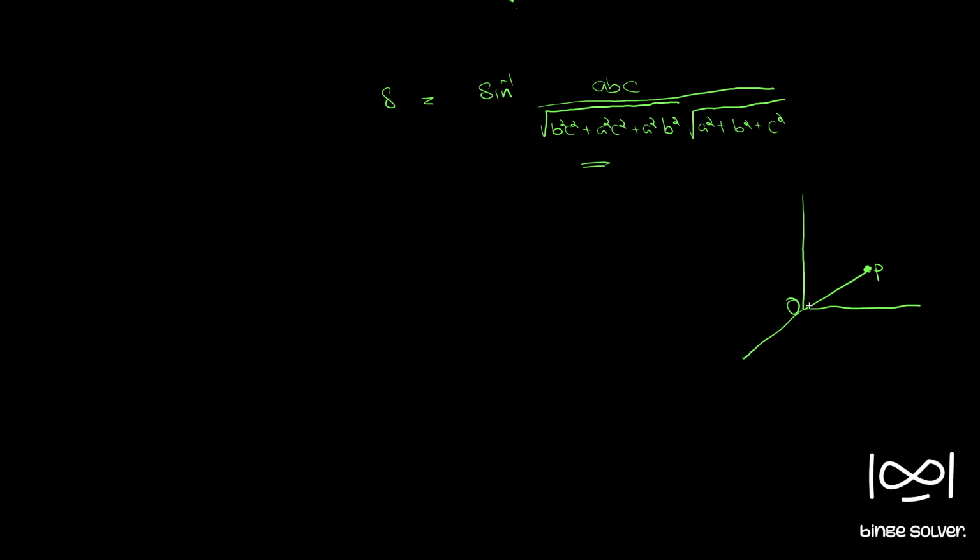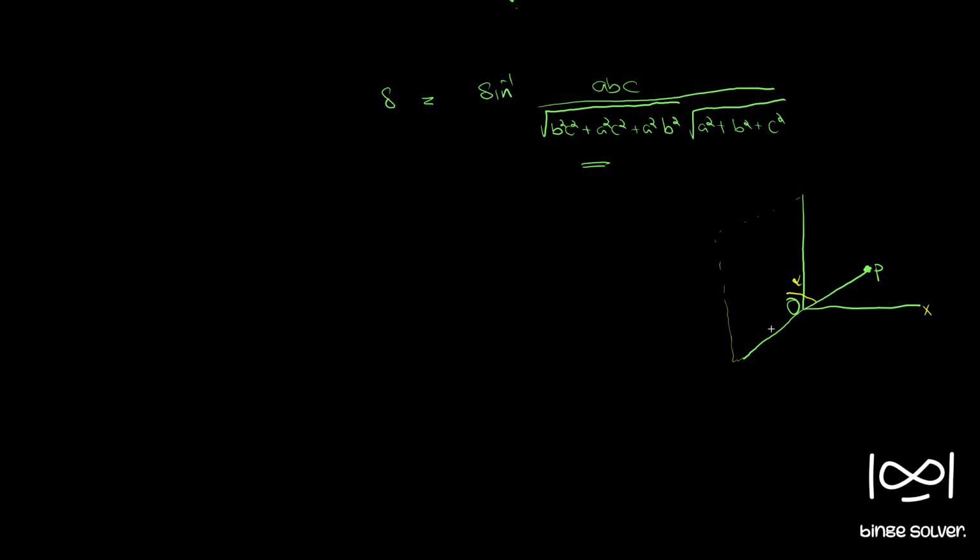Coordinate plane x equal to 0 means this plane, with this being the x-axis. So this angle is the alpha angle.